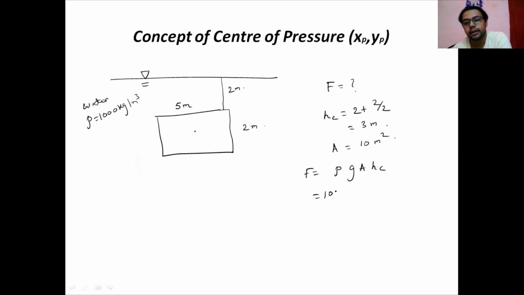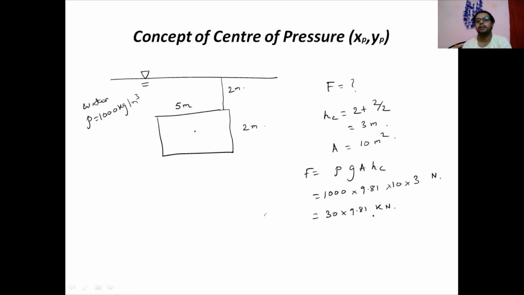Simply you put 1000 into 9.81 into area into HC. This much of newtons is acting. So you can write 1000 into 30 into 9.81, nearly 300 kilonewton. Near to 300 kilonewton is acting over the plate.